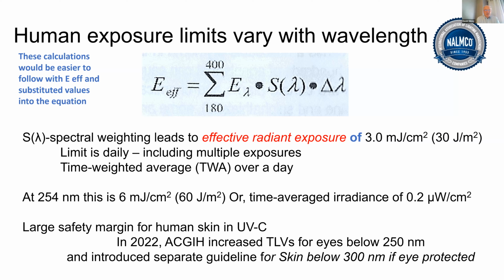Time-weighted average is used always with threshold limit values, whether we're talking about some chemical exposures or, for example, in this case, ultraviolet exposure, because you're seldom in the exact same location in the room. You may not be in the room for very long. And so the time-weighted average sums up how long you're at a particular spot.